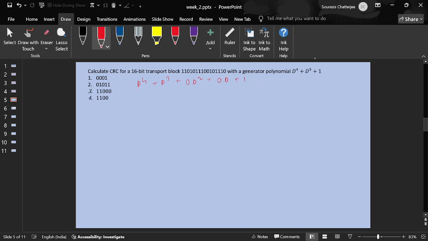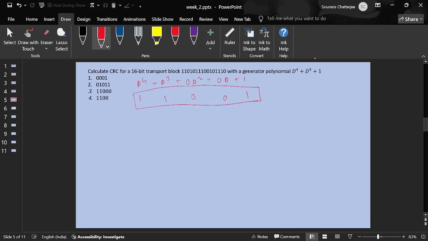So you have d to the power 4 in your expression, so you'll have 1 here, d cube also 1, the coefficient corresponding to d square is 0, the coefficient of d is 0, and the constant is 1. So your CRC generator is actually this.